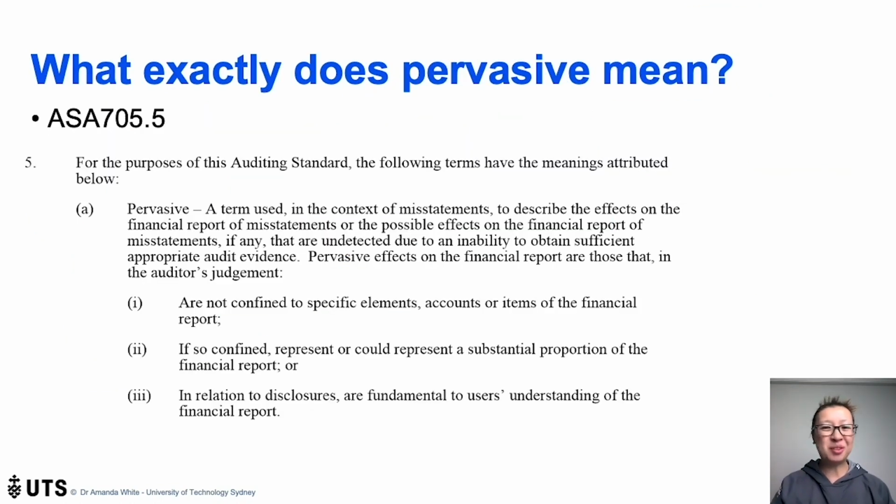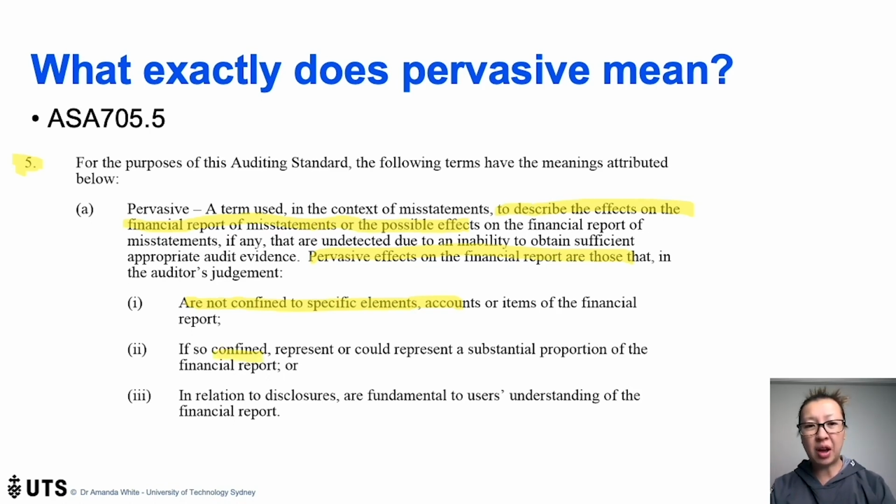So what exactly does pervasive mean? I thought I'd go back into ASA 705 and the definitions. This actually comes from the definitions here. It's to describe the effects on the financial report of misstatements or the possible effects. So pervasive are those that we think are not confined to specific elements, so really across a lot of different areas.